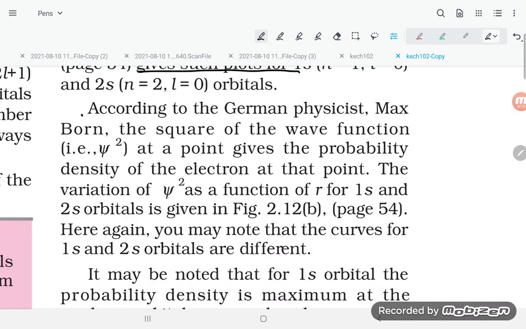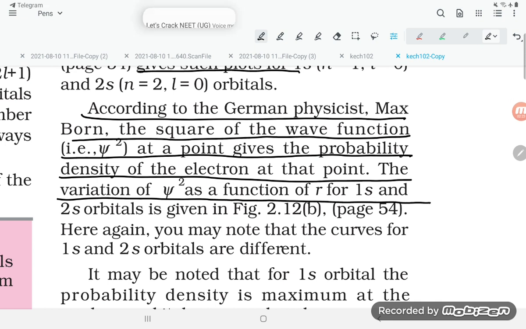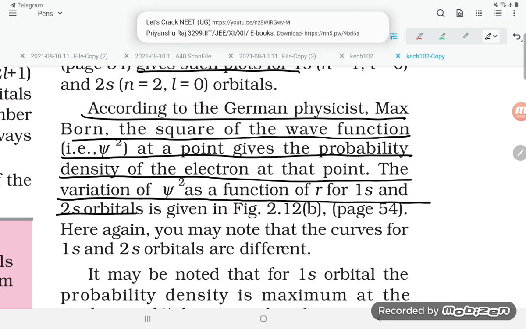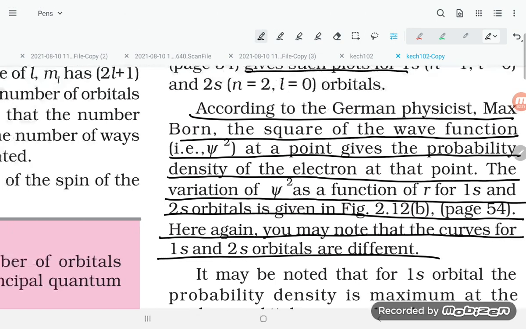According to the German physicist Max Born, the square of the wave function at a point gives the probability density of the electron at that point. The variation of psi square as a function of r for the 1s and 2s orbitals is given in the figure. Here again you may note that the curves for the 1s and 2s orbitals are different.